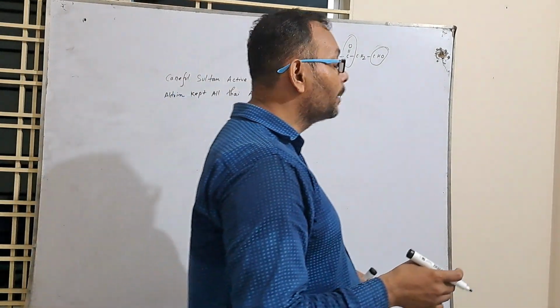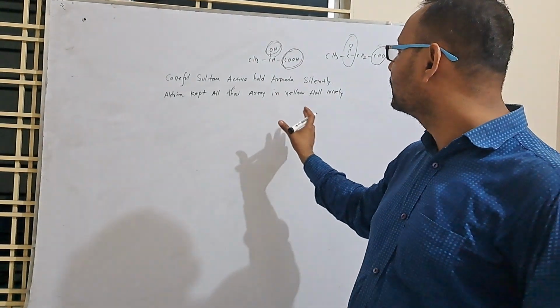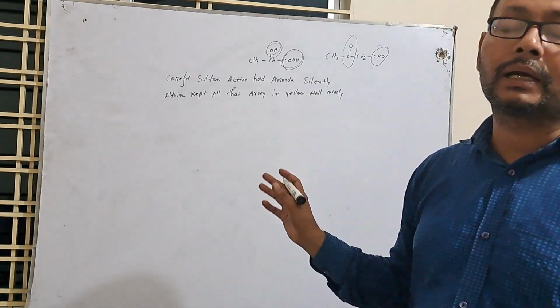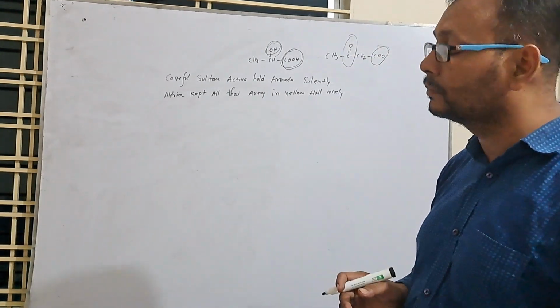This is a mnemonic by which we can easily determine the priority sequences of the common functional groups, which is actually used in naming organic compounds having more than one functional group.